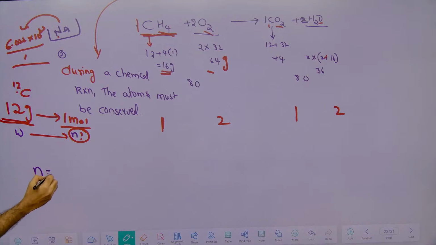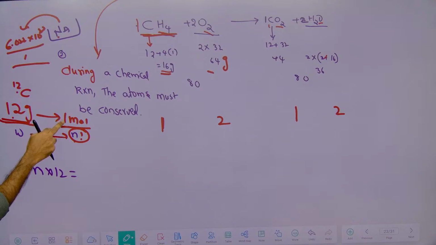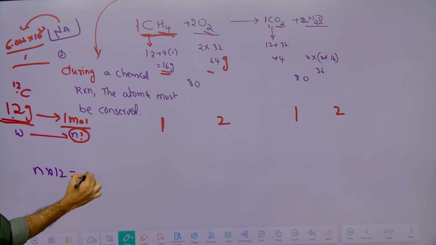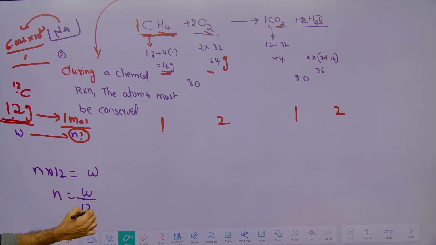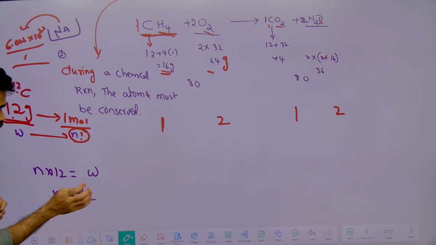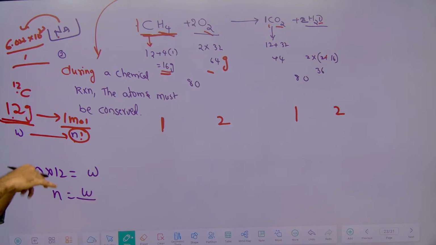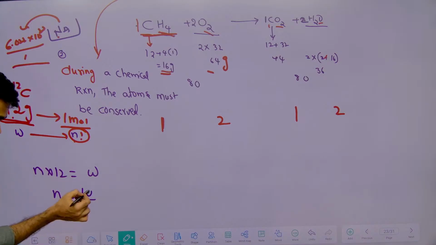Number of moles n: n into 12 equals 1 into W. So n equals W by 12. 12 is nothing but the molar mass of carbon. Let us generalize this formula for everything, not only carbon: n equals given weight by molar mass.